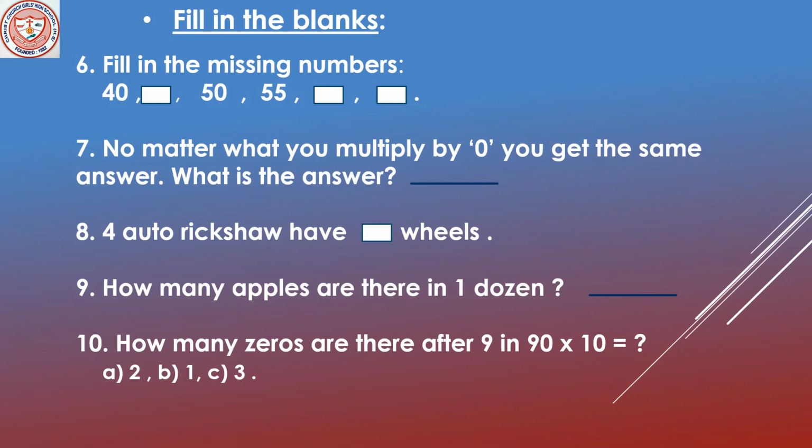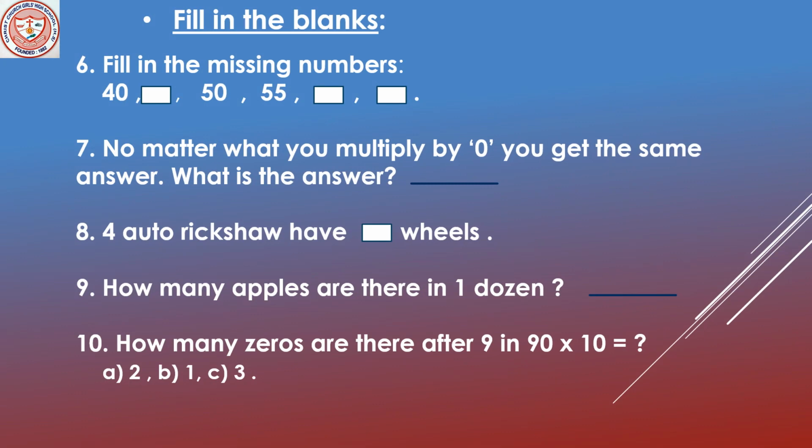I think you know that. You have to apply the zero property of multiplication to get this answer, isn't it? Now you have to do it on your own.